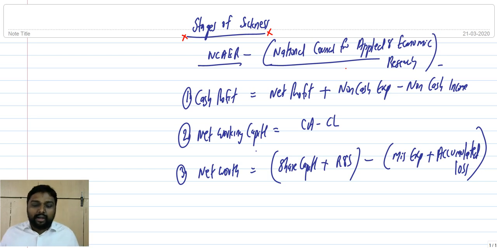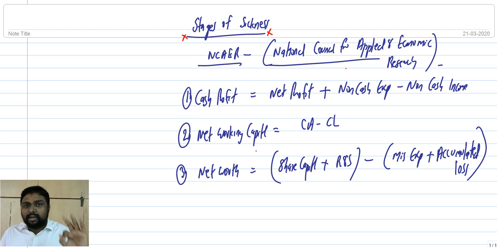This is what is given by NCAER. So of the three parameters, if any one becomes negative, there is a chance of sickness for the firm.